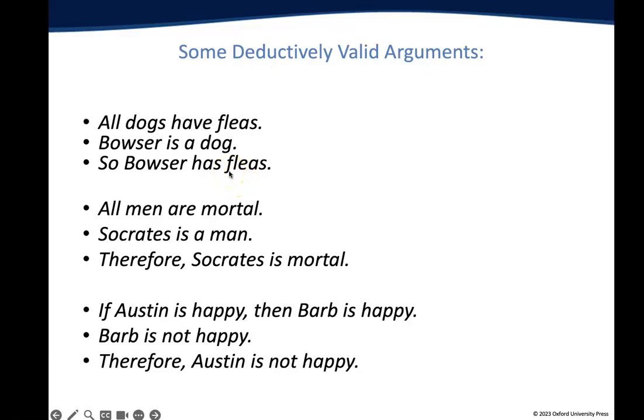All dogs have fleas. Bowser is a dog, so Bowser has fleas. Well, that's deductively valid because the conclusion follows from those premise statements. If these premises are true, then this conclusion would have to be true as well. So that's deductively valid. But is it really the case that all dogs have fleas?